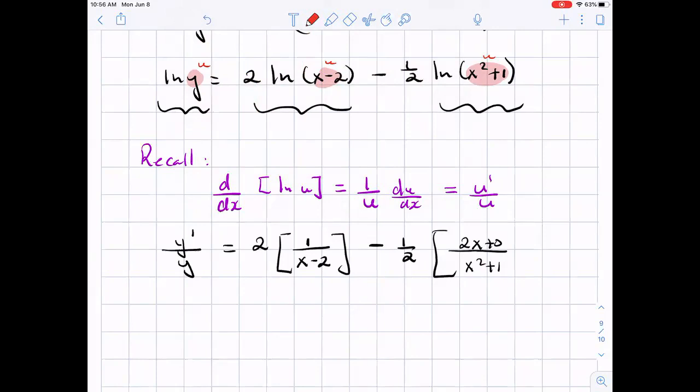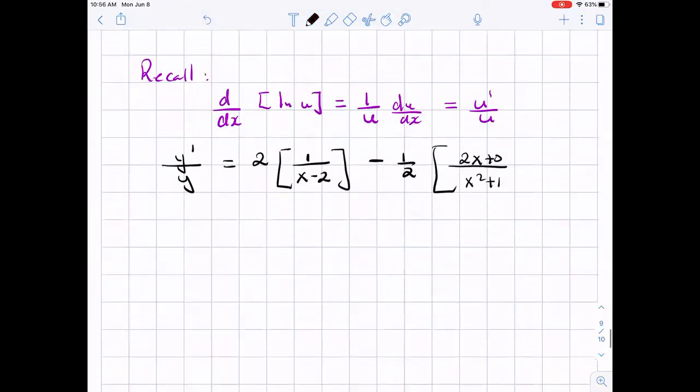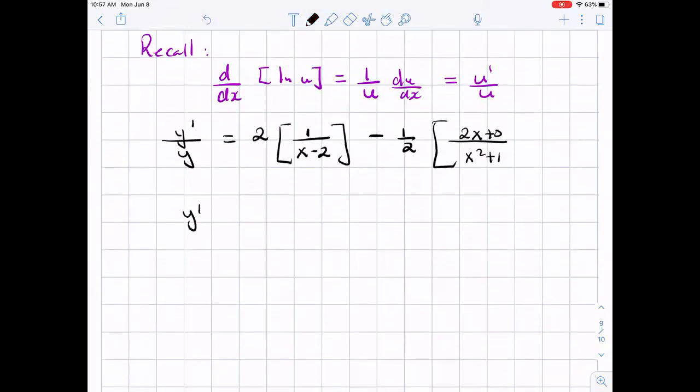So if we simplify, we have y prime over y is equal to 2 over x minus 2, minus 1 times 2x is 2x over 2 times x squared plus 1.